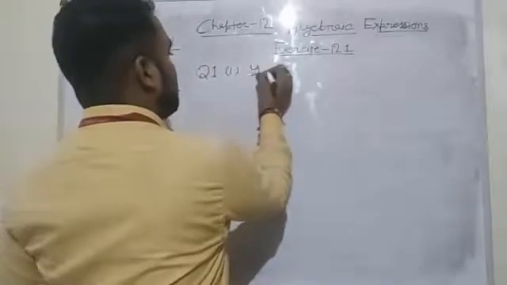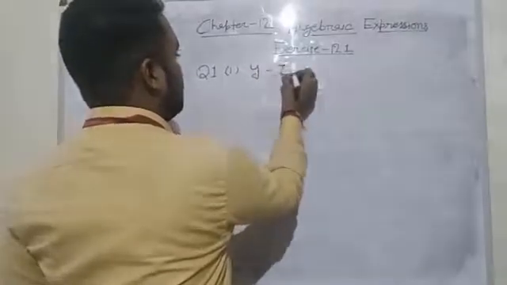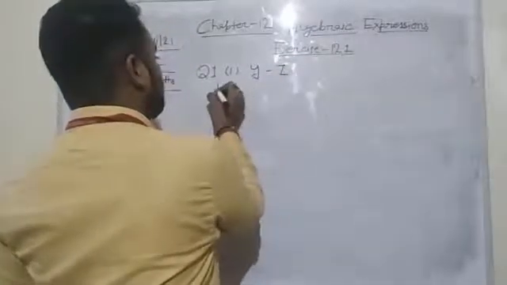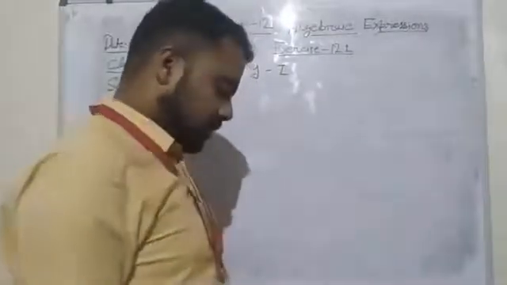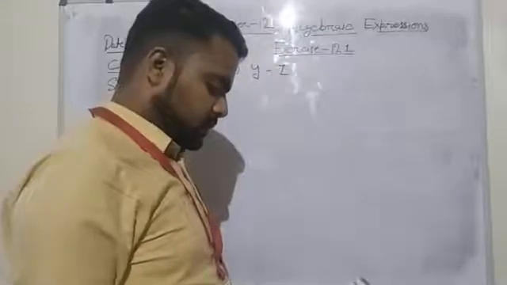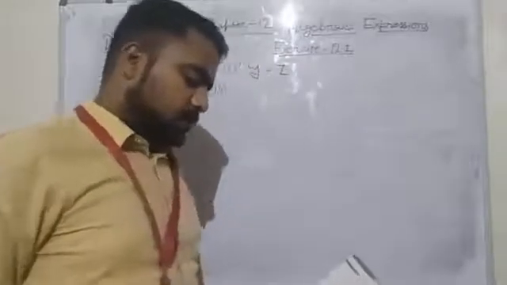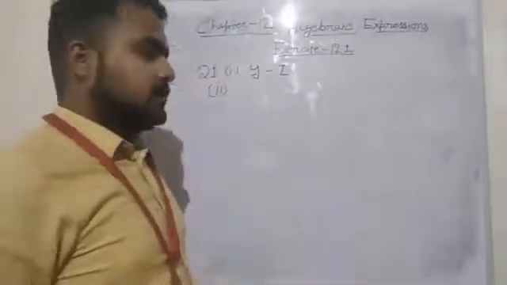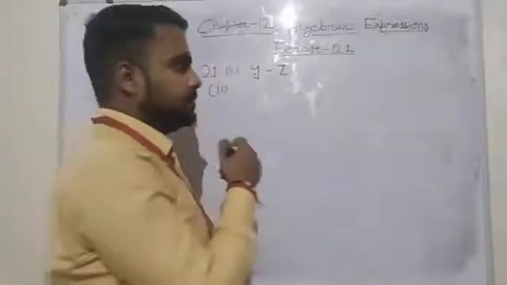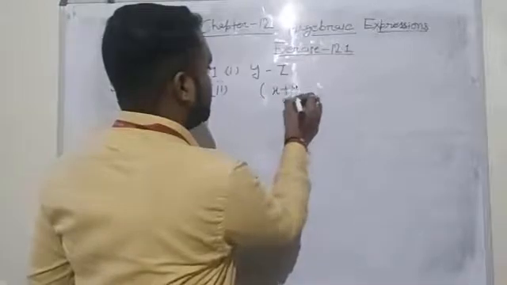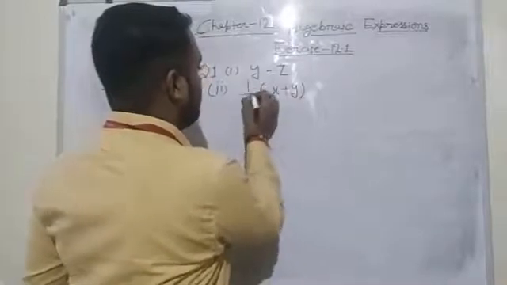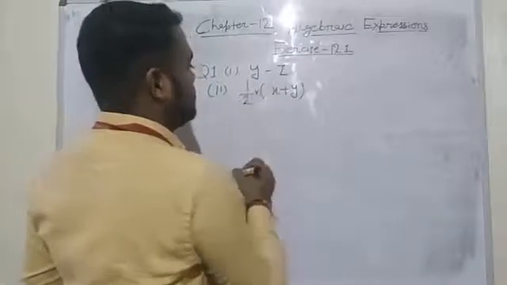So we have to subtract z from y. And the second, one half of the sum of numbers x and y. So first we have to write the sum of x and y and one half of that.